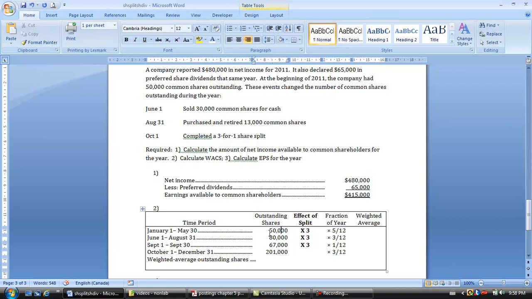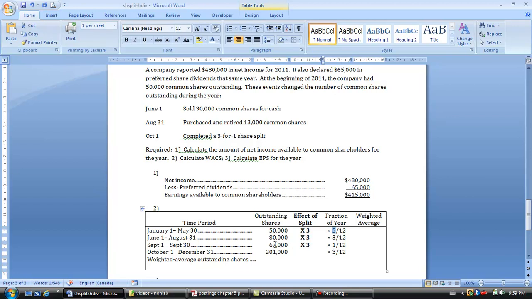But the idea, again, behind going and backdating these splits, or in the previous example, the dividends, is because these 50,000 shares are also going to get the benefit of that split. As are these 80,000, which are outstanding for a different 3-month period than these 50,000 are outstanding for. This same logic of fraction of the year being independent or mutually exclusive also holds for the share dividend.